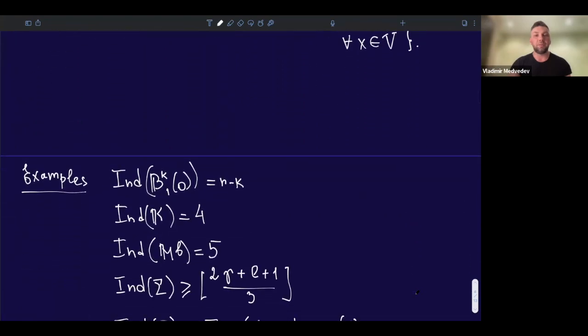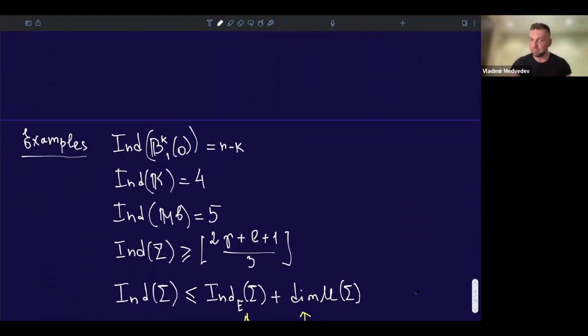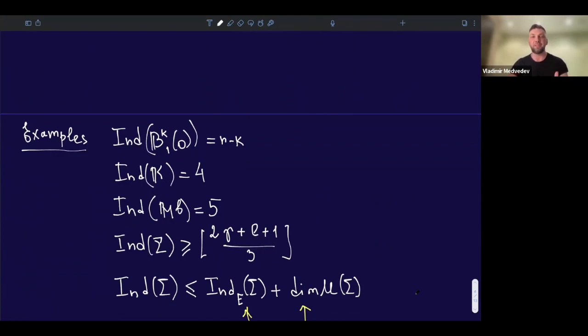Let me give you some examples, the indices of the examples that I have given you above. The index of the k-ball in the n-ball is n minus k. The index of the critical catenoid is 4.